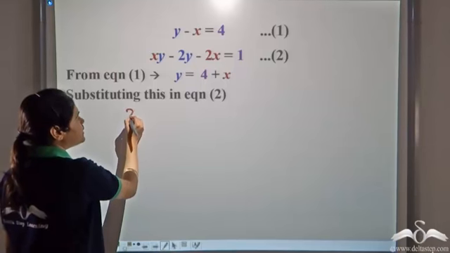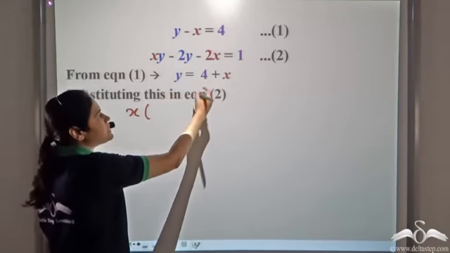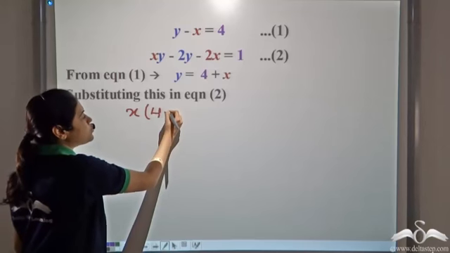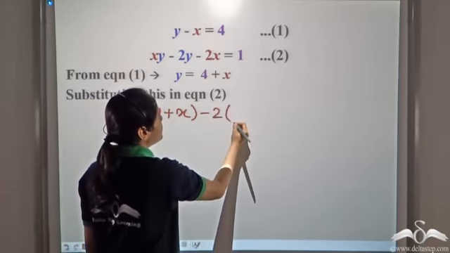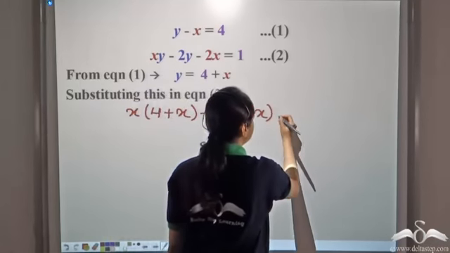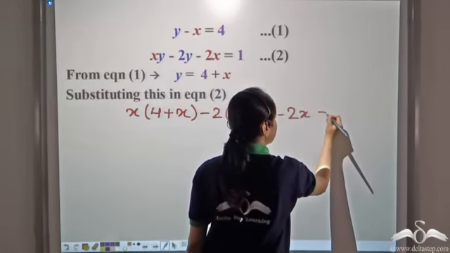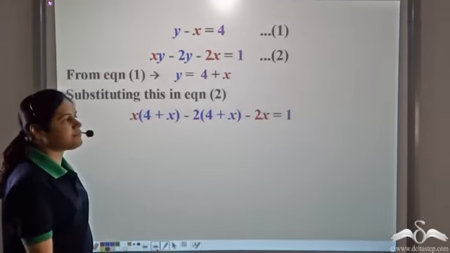So we have x into, in place of y, we write 4 plus x. x into (4 plus x) minus 2 into (4 plus x) minus 2x is equal to 1. So this is what we have.